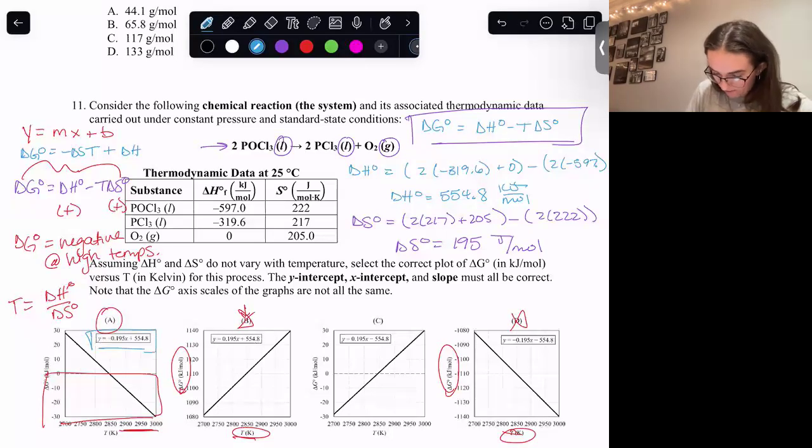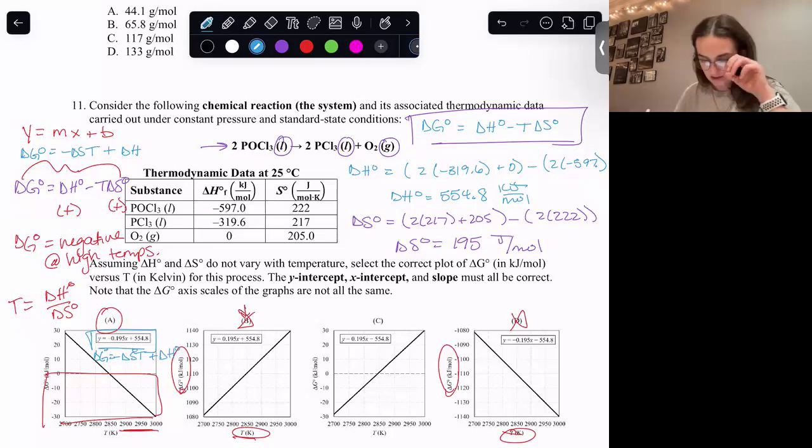So all of these are showing delta G is equal to negative delta S T plus delta H. It's just rearranged from that original form. And that's the slope of the line that's showing it. The equation gives you a straight line plot, so that's what they're graphing here. Yeah, of course. Okay, any other questions on 11?